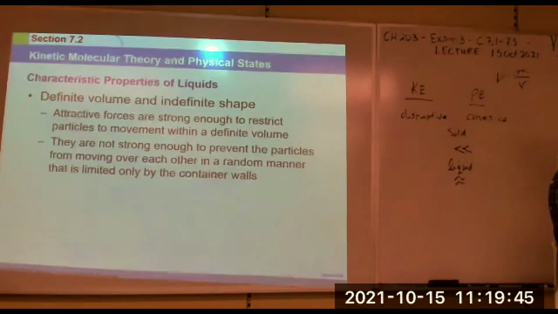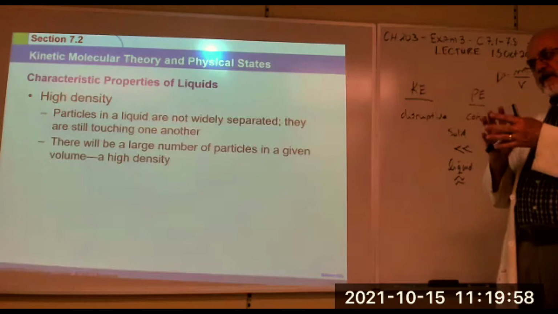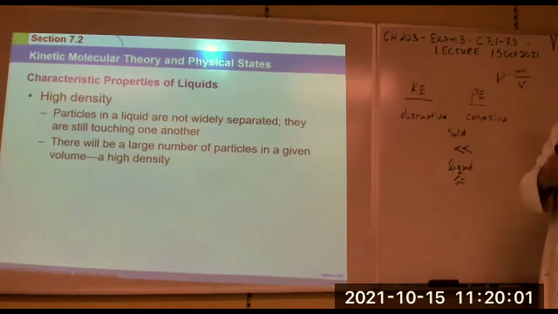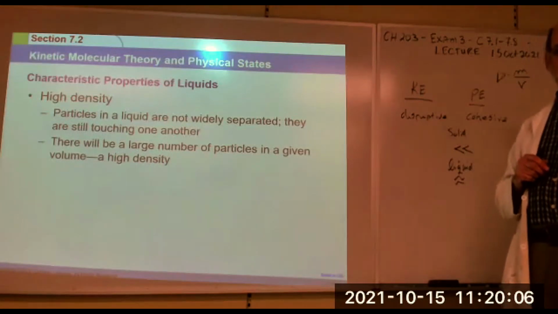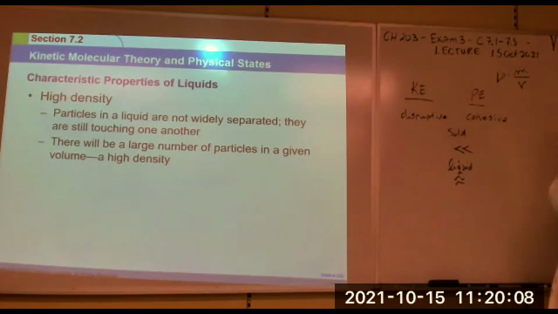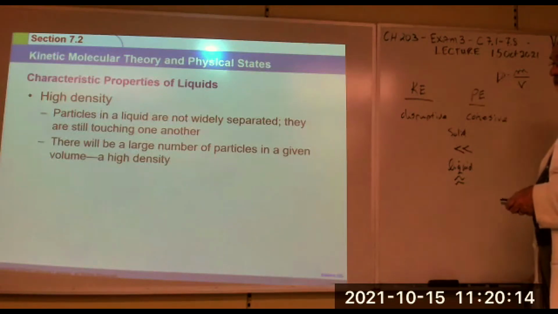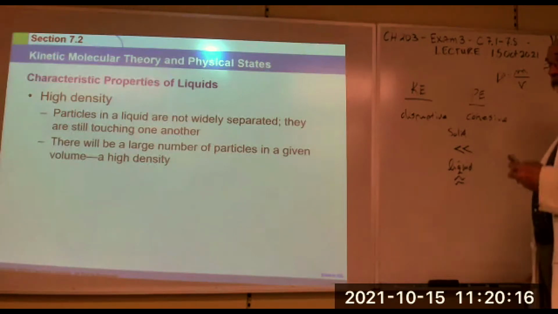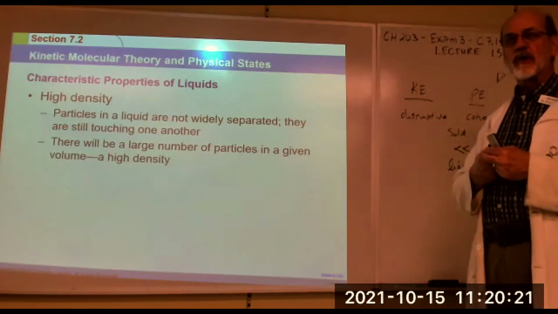I've already mentioned all this stuff. Let's move on. Liquids still have high density, simply because they can move past one another, but we haven't added that much space. When you go from a solid to a liquid, you've added some space, but not a lot. So they're still high density. In fact, some liquids are higher density than some solids. Mercury is a perfect example.